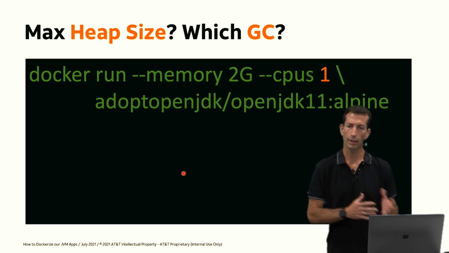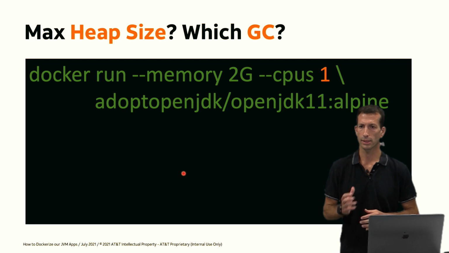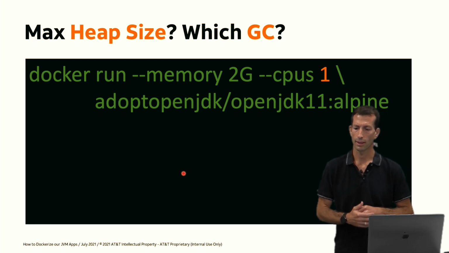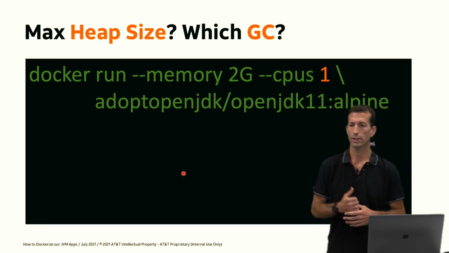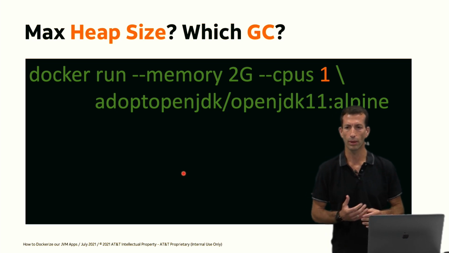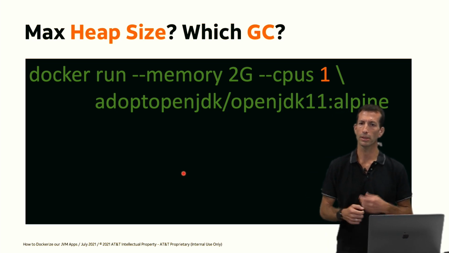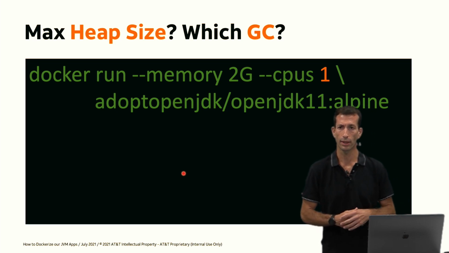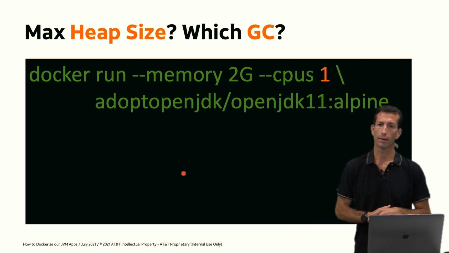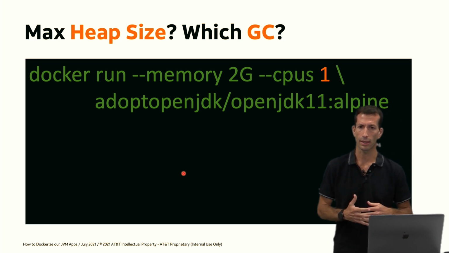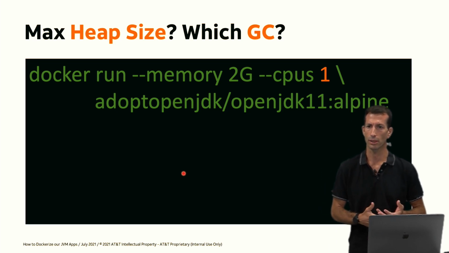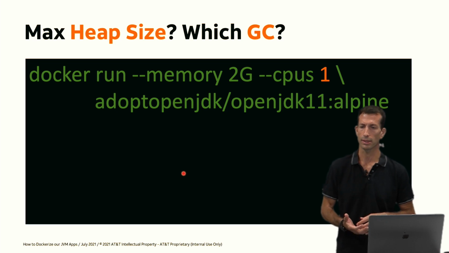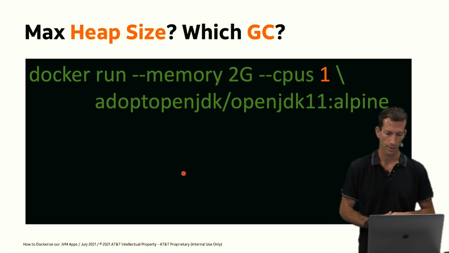If it's the client class machine, then I'm going to get the serial GC. In general, a server class configuration is maybe a little slower to start up, but has more aggressive optimizations during runtime. And the client class machine is the exact opposite. It usually starts up a bit faster, but it has less aggressive runtime optimizations.